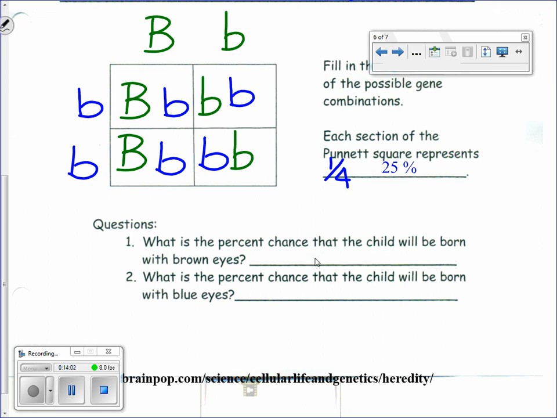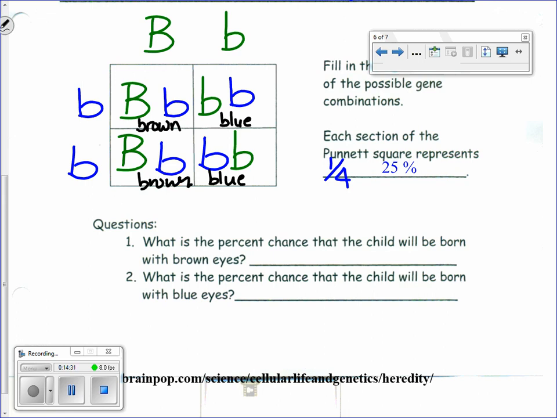Well, this has one dominant and one recessive. What color? Brown eyes. Why does it have brown eyes? Brown is dominant. How many dominant genes do you need? Just one. What color are these eyes? Blue. Why is this blue? Right. So this is going to be blue, and that's going to be brown as well.